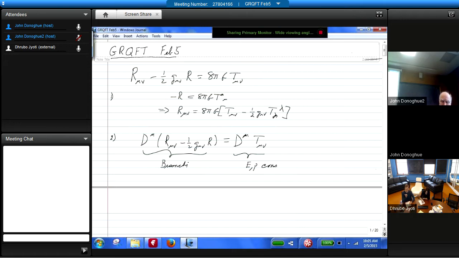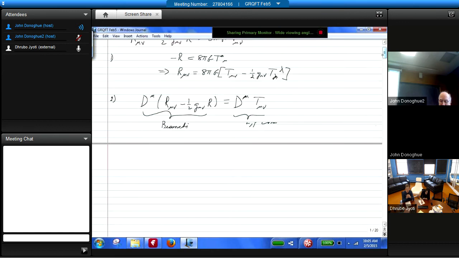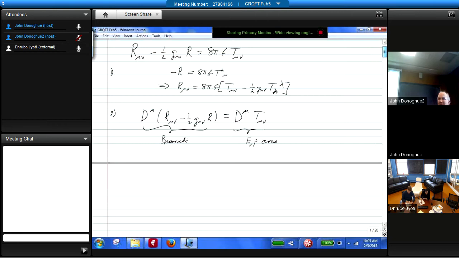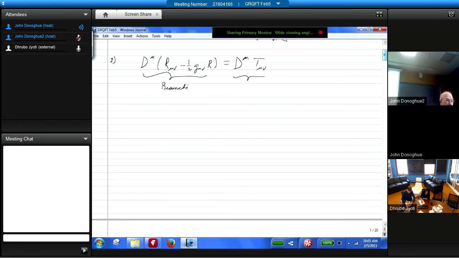That's the conservation law. We'll verify this in the weak field limit in just a minute. Those are the two things from the earlier material.